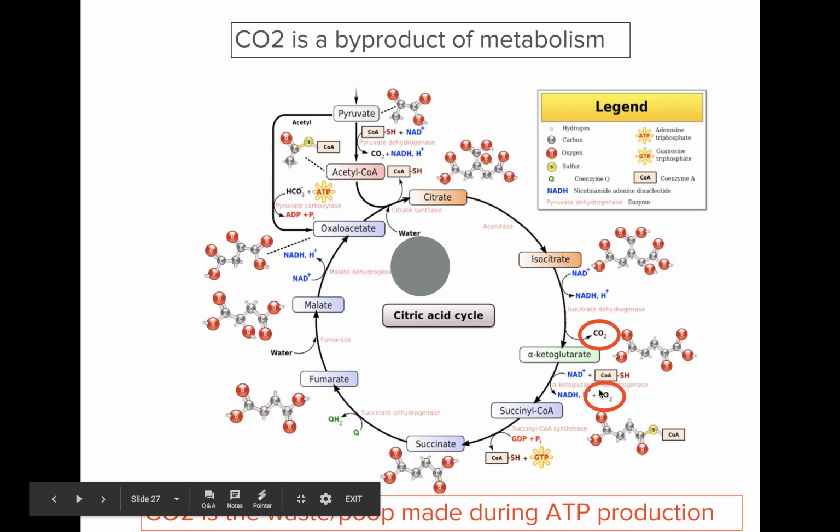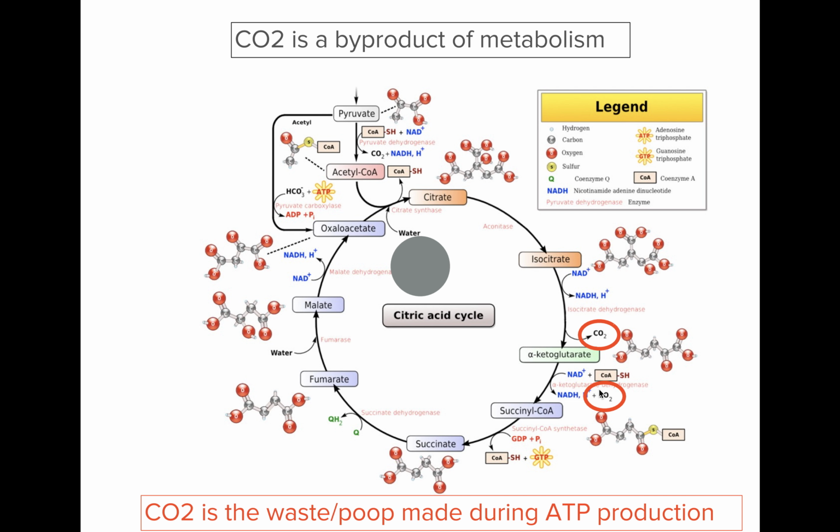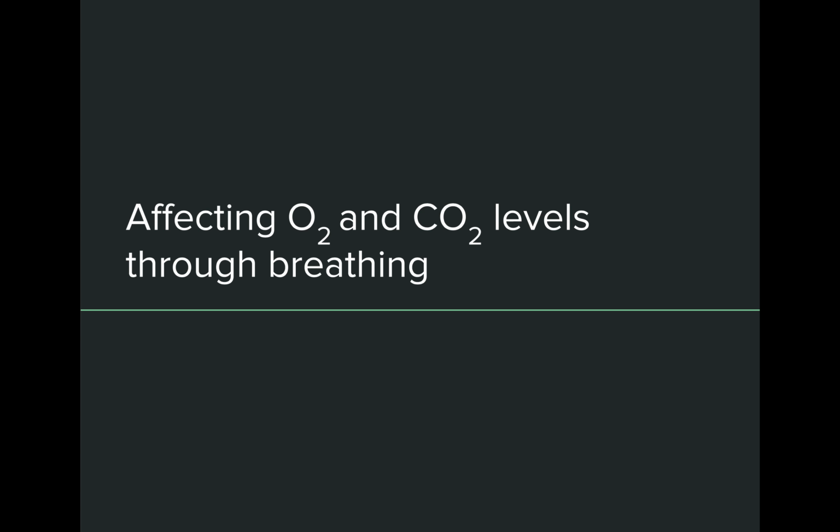It is the poop of our cellular metabolism. So, as important as oxygen is to get in to help us drive the synthesis of ATP, it's as important to get CO2 out because it is a waste product. And we'll see in a couple weeks that this waste could literally kill you if we don't get it out.